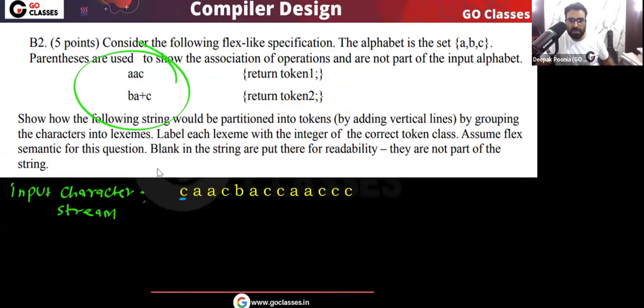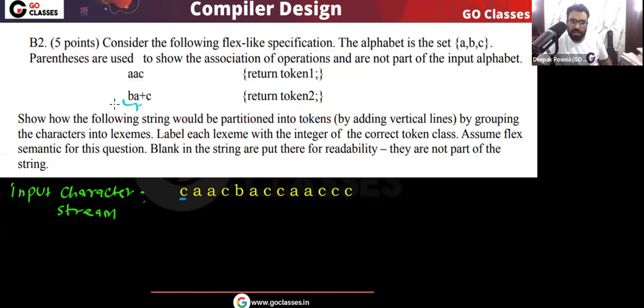When you read this character C, this regular expression is not a candidate, because it means we must have AAC: it will start with A, then again A, then C.